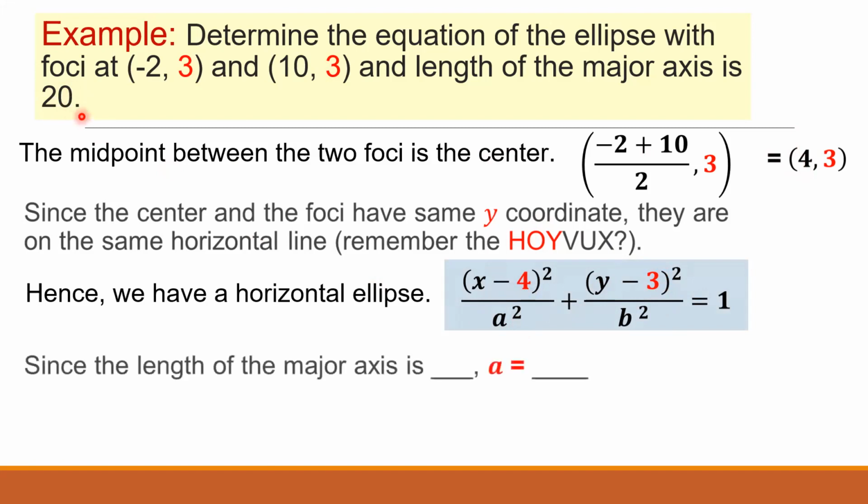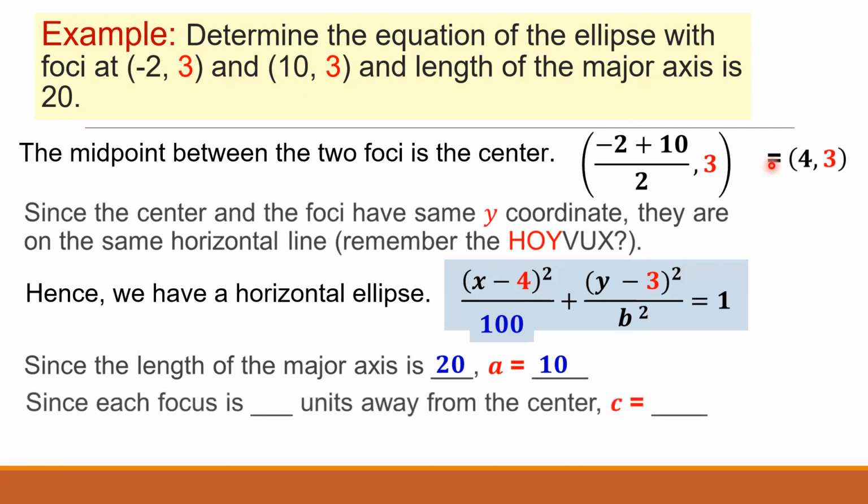So if 10 is the A, what about our A squared? It will be equal to 100. Ayan. So ang alam natin, di ba yung ating foci, ito yun. Tapos alam natin na yung distance niya from the center is C. So what is that? No? So focus is 6 units away from the center. So ibig sabihin, the C is equal to 6.